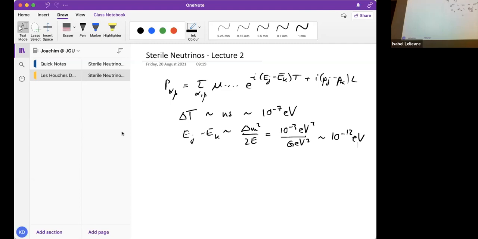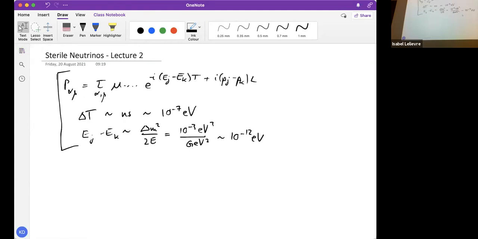And that's what justifies the approach that we took yesterday. So that is just an addendum to what I explained yesterday, but I think I should have explained better.